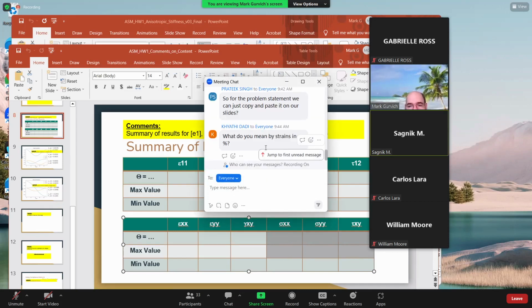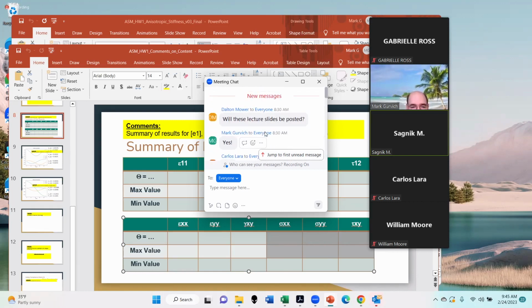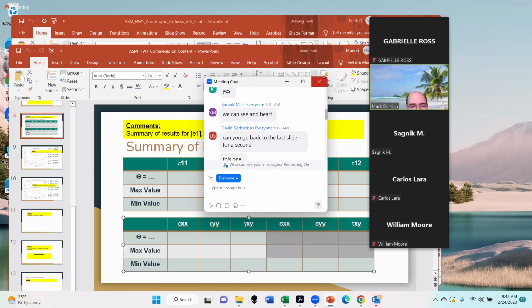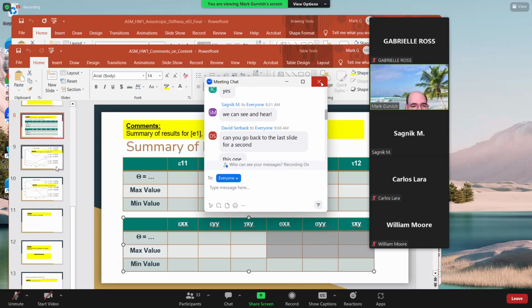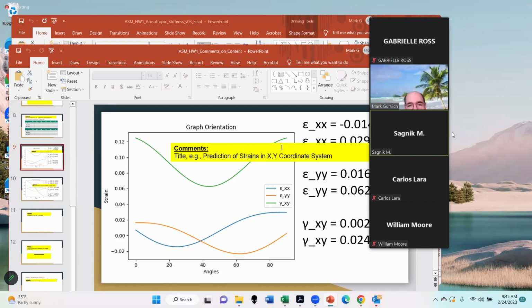Are we also supposed to put the angle theta at which the max and min values occur? If you want, yeah, it is a good idea. Usually I would expect you to have this type of chart. It's not required, but it's a good sign of how systematically you work.